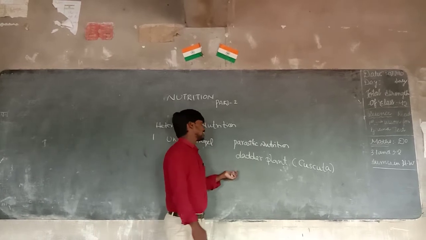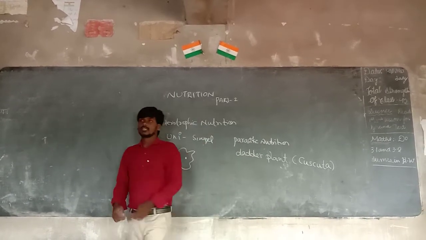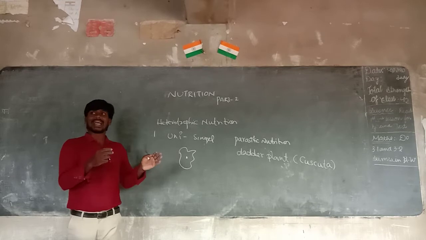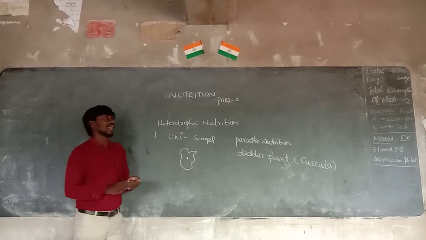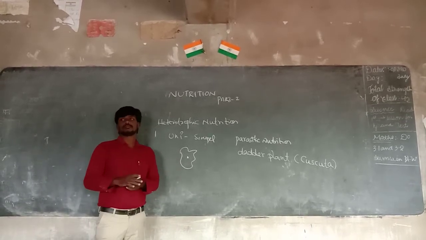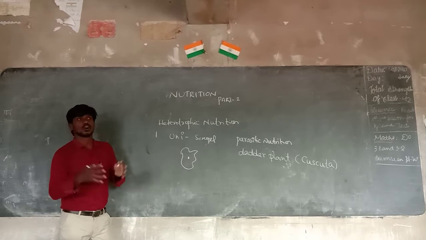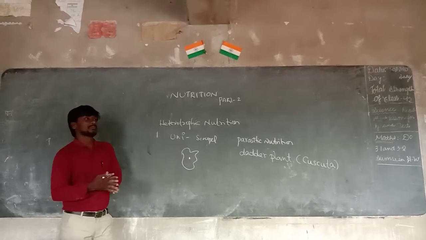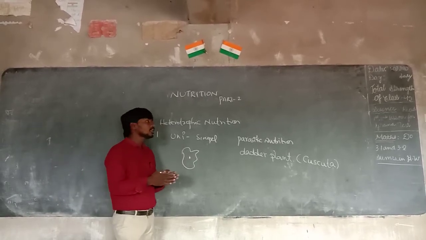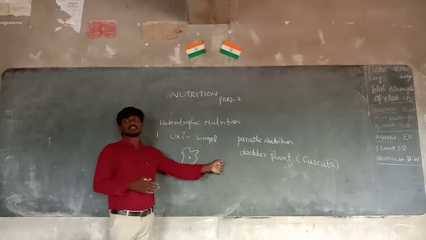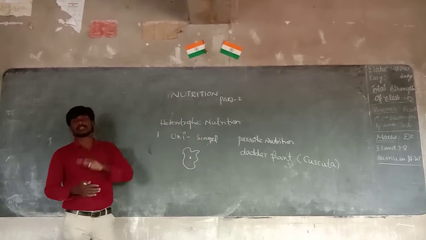In the dodder plant or Cuscuta plant, the plant has very small leaves. That's why, in the presence of light, it cannot prepare food material. That's why it depends on another plant.